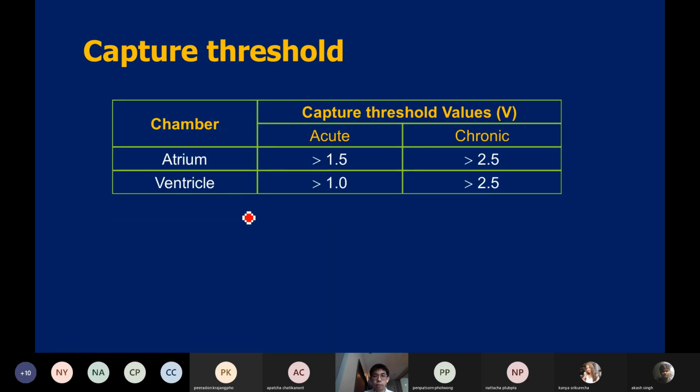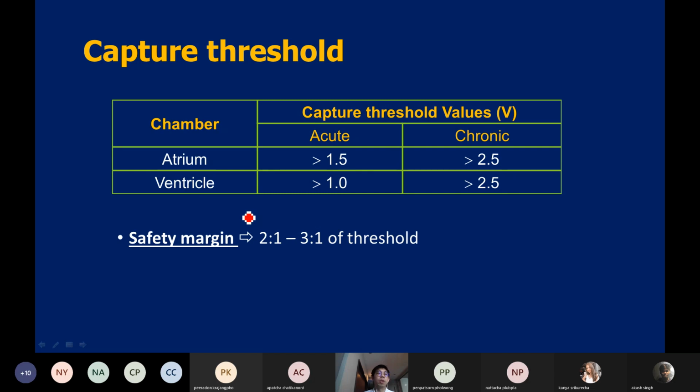Yes. Capture threshold is the lowest energy required to depolarize the myocardium, but when we program the pacemaker, we program the output of the pacemaker to be higher than the capture threshold, so that the pacemaker could pace.